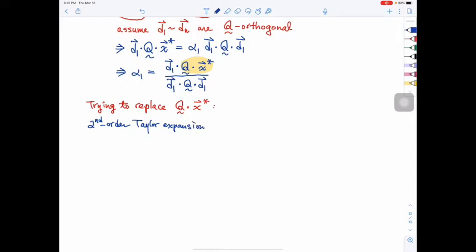So what does it look like? We have, of course, an objective function, and the Taylor expansion looks like this. Your function will be close to another function where you have an expansion point. This is your expansion point.